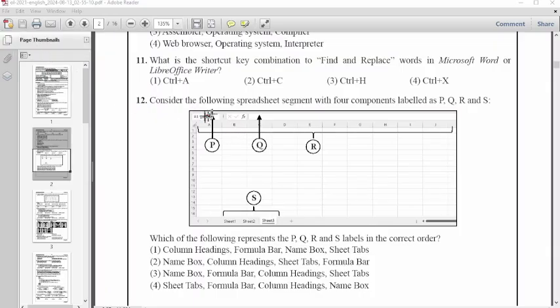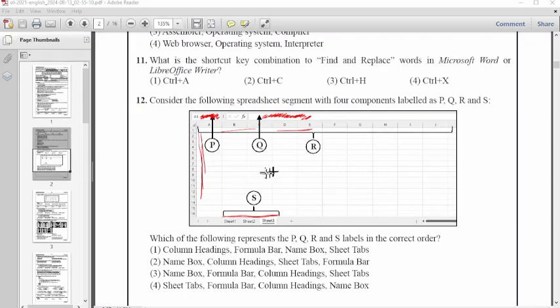This particular one is a name box. Then this one is the formula bar. This is where you write expressions. Then these ones are the columns. These are rows, and these are considered as tabs. So you have tabs, the formula bar, columns here, and the rows.